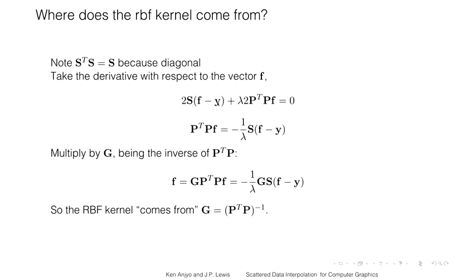Pull this over to the right-hand side and divide by lambda. We have P transpose P f is equal to this thing. Now we imagine multiplying by G, and we want a G that cancels out P transpose P. So G has to be the matrix inverse of P transpose P.